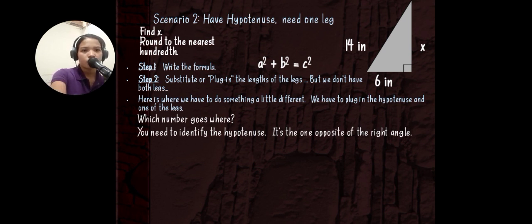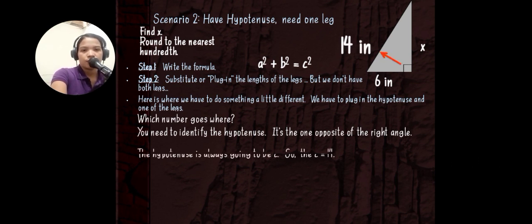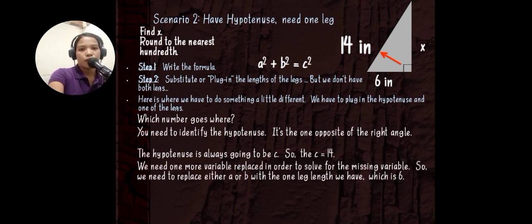So the side opposite the right angle is the hypotenuse, which is 14 inches. We need one more variable replaced in order to solve for the missing variable. So we need to replace either A or B with the one leg length we have, which is 6.